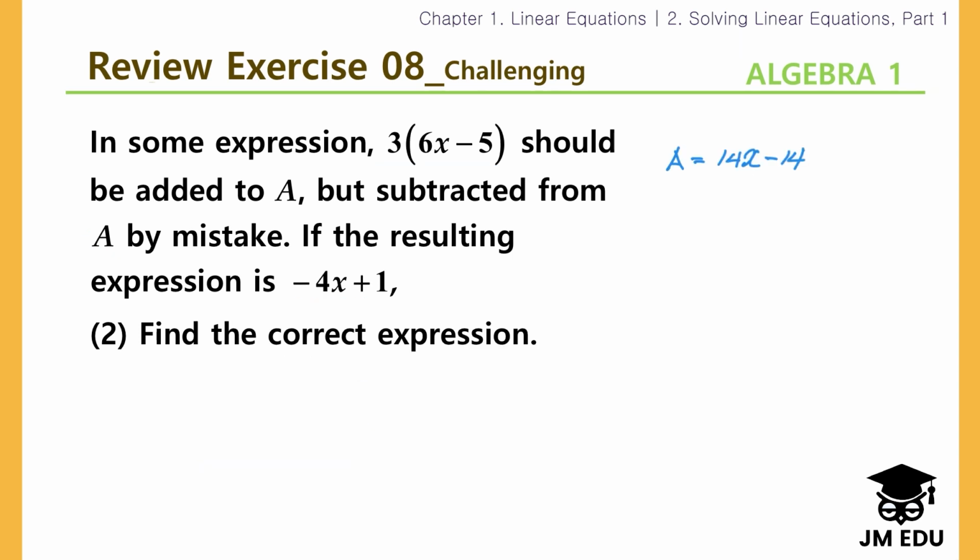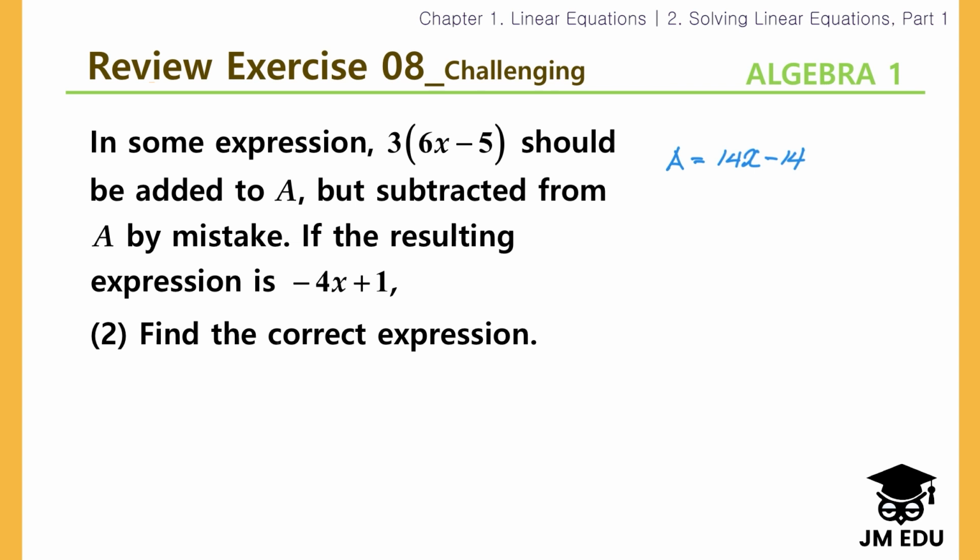Number 2, the question is find the correct expression. Well, this expression should be added to a, right? We found the expression a from the previous question. So all we have to do is add this expression to a right here. So let's try that.